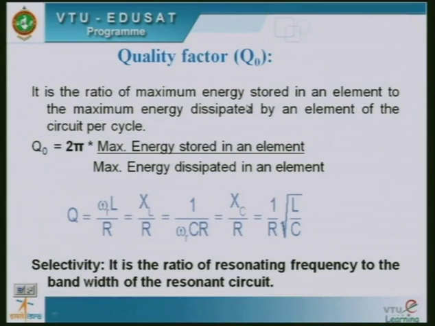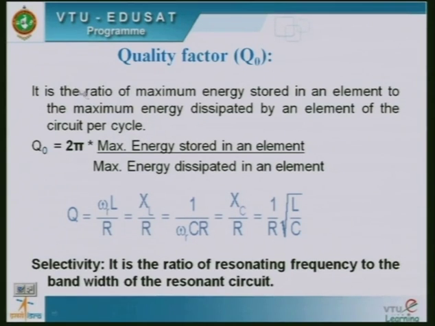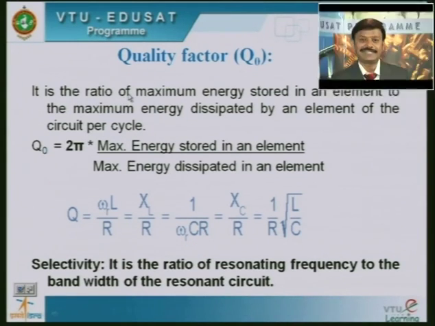Coming to the quality factor. The ratio L by R can be considered as the quality factor in general. But by definition, it is the ratio of maximum energy stored in an element to the maximum energy dissipated by an element of the circuit per cycle.